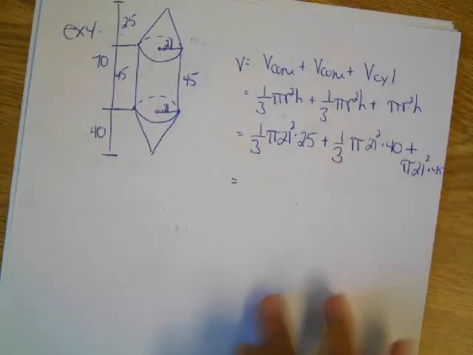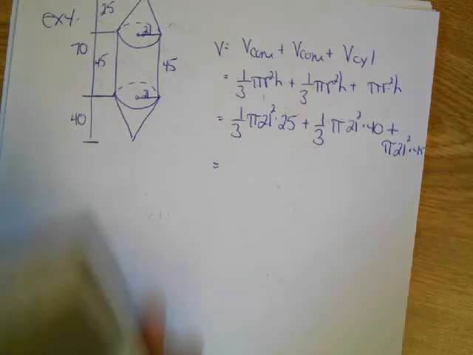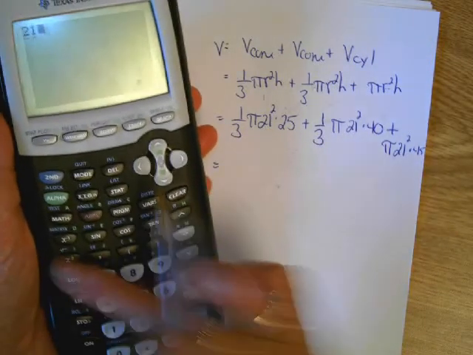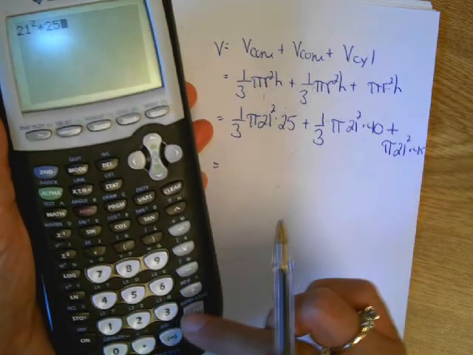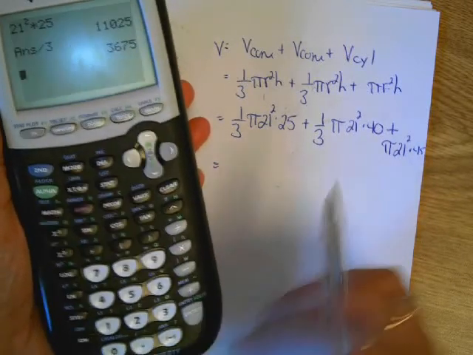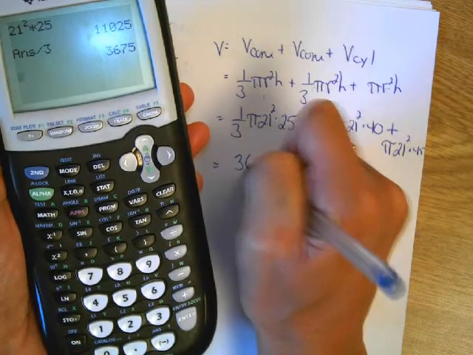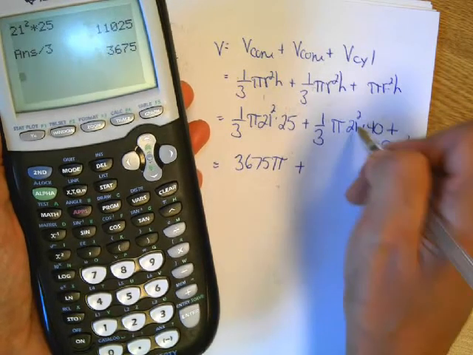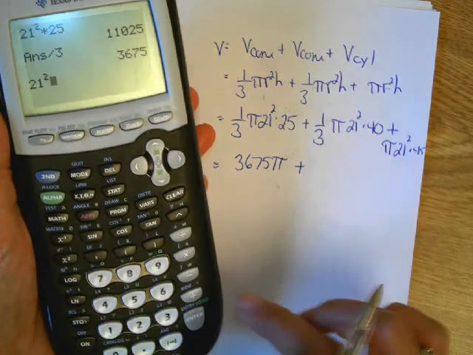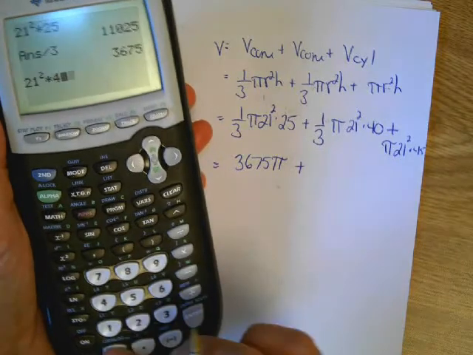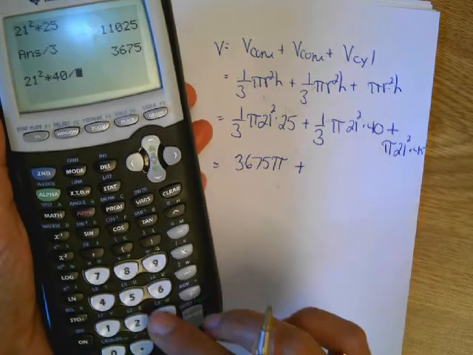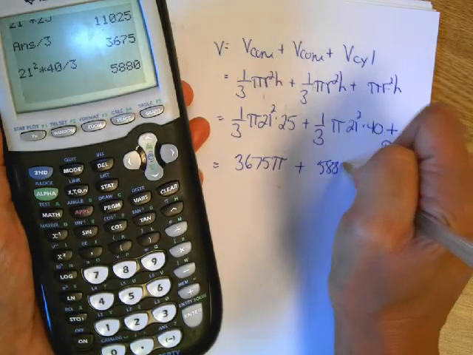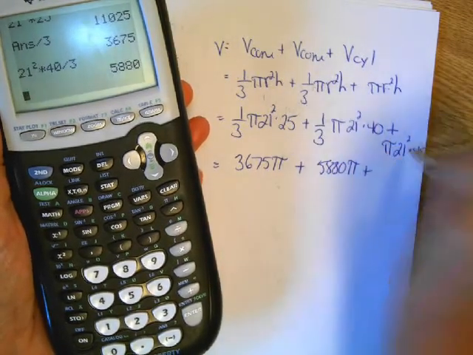So adding the three pieces together, let's see what we get. Something very big. So I'll start here. 21 squared times 25, divide by 3, 3,600. I did not multiply the pi in, so I'm going to put it on there. Here, 21 squared times 40, and again divide by 3, 5880 pi.